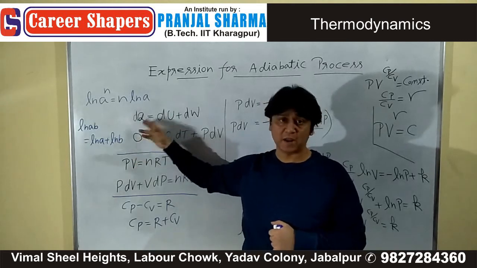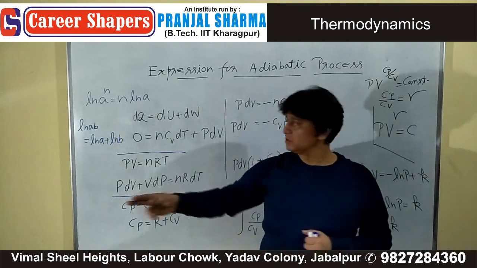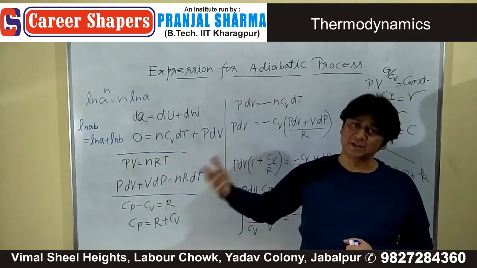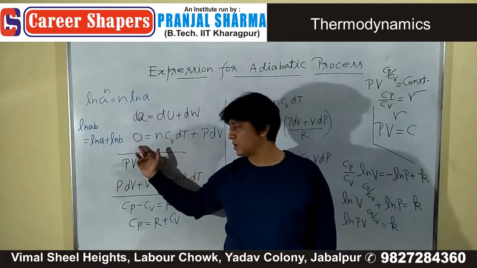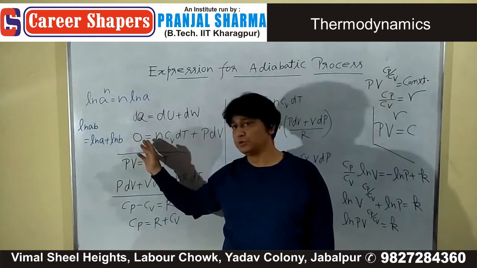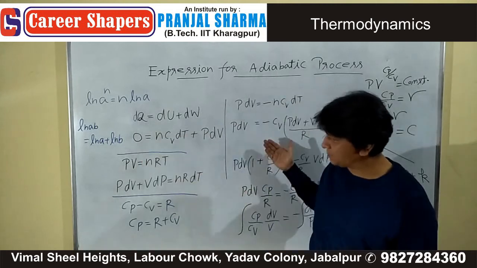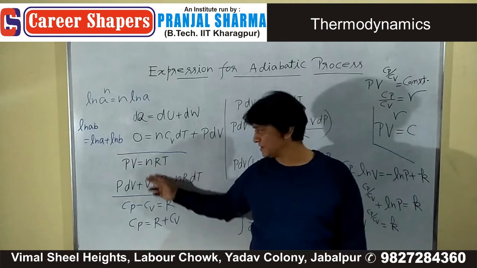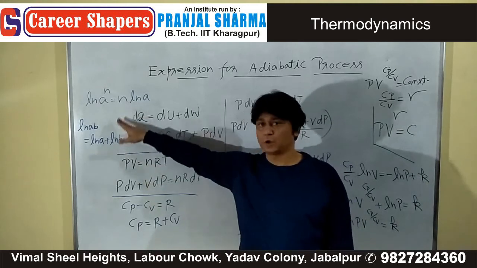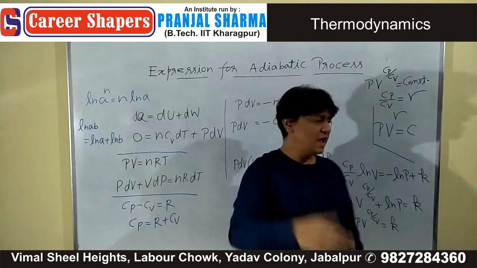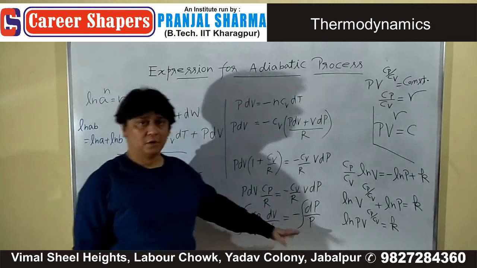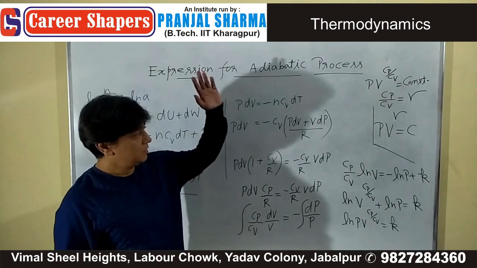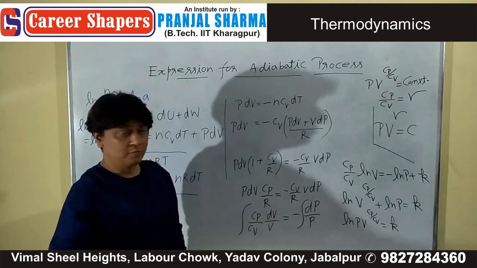If they say that heat supplied is directly proportional to volume, some constant into volume. In this, heat is not being supplied, and therefore we are taking dq as what? 0. Once you take dq 0, look at these steps. You need to have a little bit of knowledge of differentiation, log, and integration. Without maths, there is no physics. You know that. Note down everything before that.